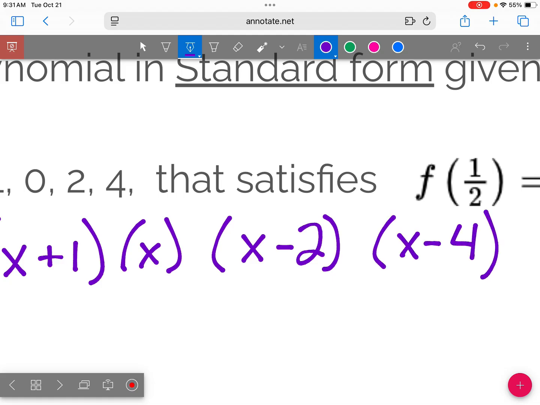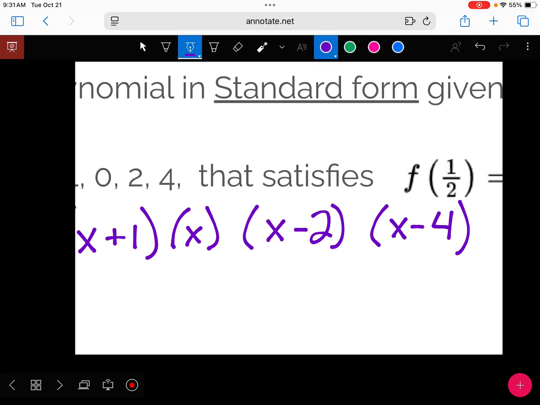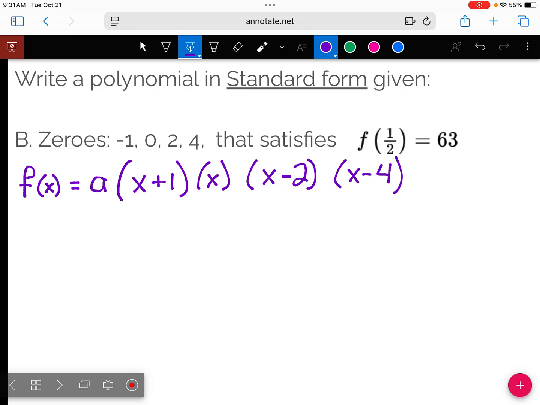That's kind of our basic factored form, x minus our roots, x minus our zeros. We can find a using our extra tidbit of information. We're going to be able to find a using this. Yes, it's fractiony. We can do this.